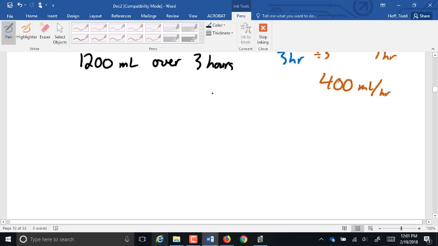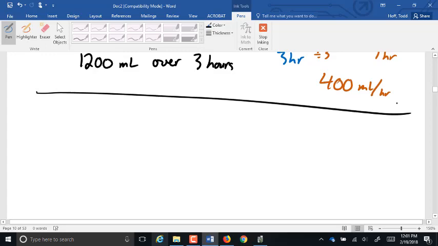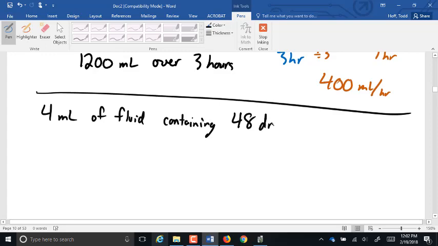We also have drop rates. Let's say we have 4 milliliters of fluid containing 48 drops.